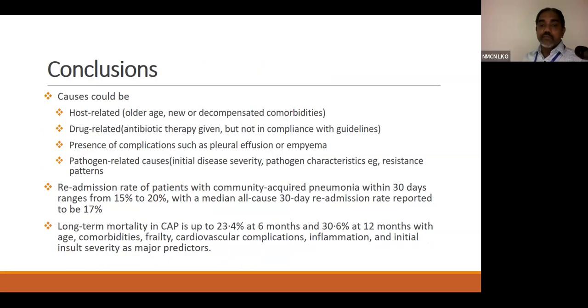And there can be various causes, although it is not part of this lecture. The causes can be host related, drug related, or presence of complications such as pleural effusion and empyema, or pathogen related causes which should be dealt with appropriately.